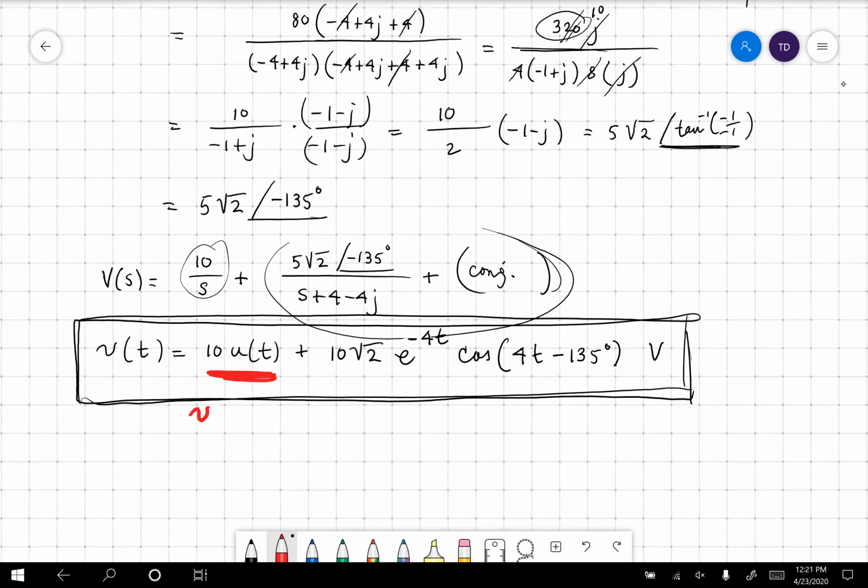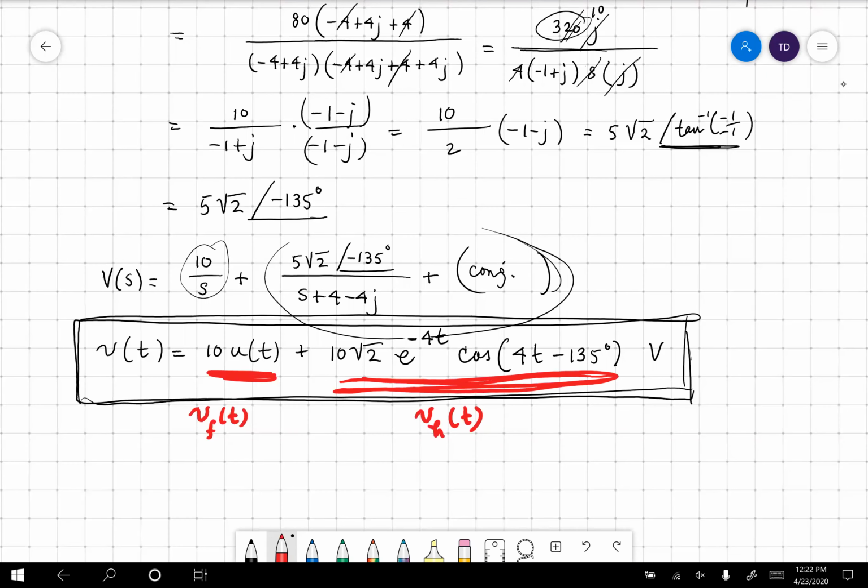So this is V sub F of t. That's the forced response. It is the same form as the input. The only time it won't is when we have excitation at a natural frequency. So it is the same form of the input. That means this is what? The natural response. Yep, that's correct. That is the natural or the homogeneous response.